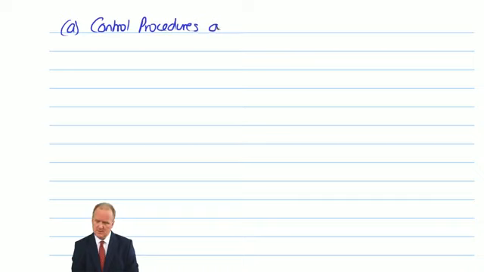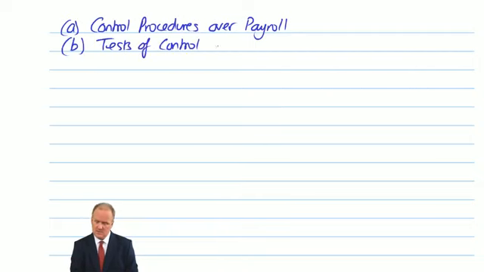So, to check we get this, what if I was to say to you, part A of a question, control procedures over payroll. Part B of a question is, hang on, let's write this the examiner's favourite way, tests of control over purchases.